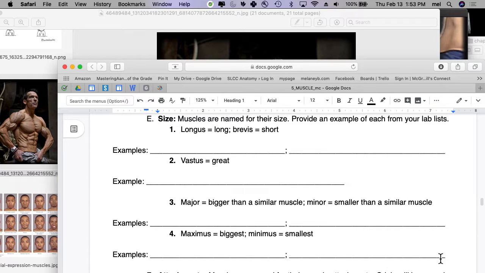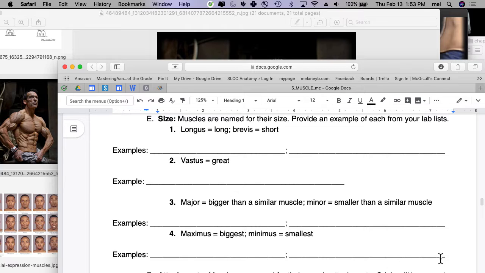Oh, okay, platysma. Okay, sometimes muscles are named for their size or their relative size to one another. This is important. Listen to this part. If you run into a muscle that either has long head versus short head or longus versus brevis, you with me? It does not refer to the length of the muscle. It refers to the length of the tendon, which can be completely counterintuitive.